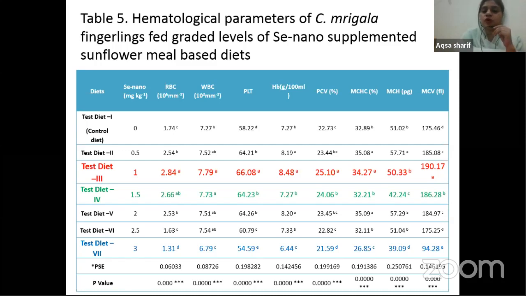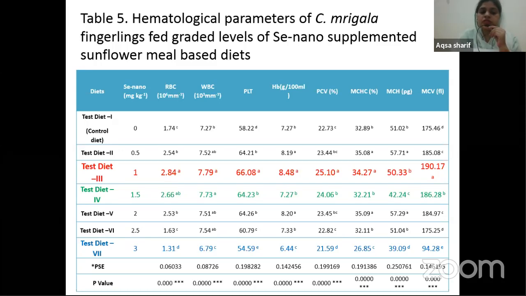mean cell hemoglobin concentration was also highest in the fish treated with the test diet 3. And the mean cell hematocrit was also highest, that was 50%, and mean cell volume was also highest by adding the test diet 3, that was 190%.